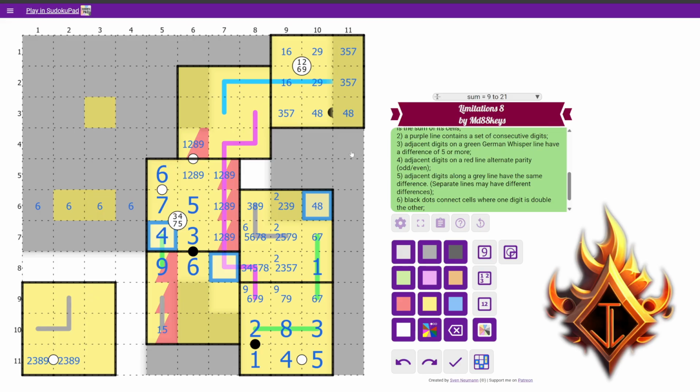So gray lines. Plus there hasn't been any parity lines yet.